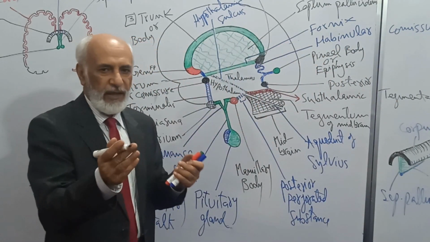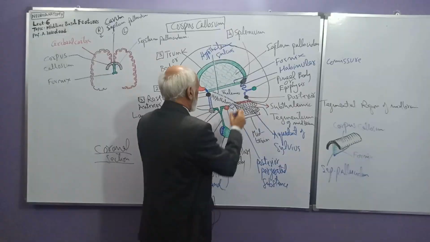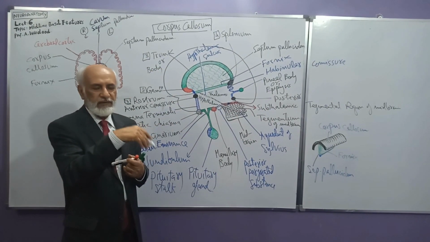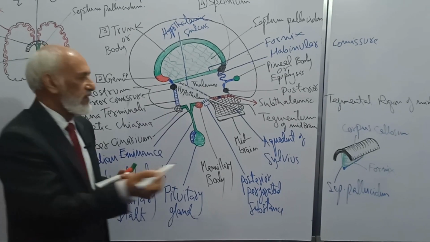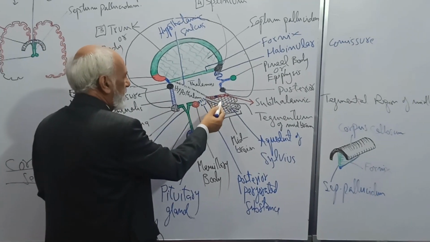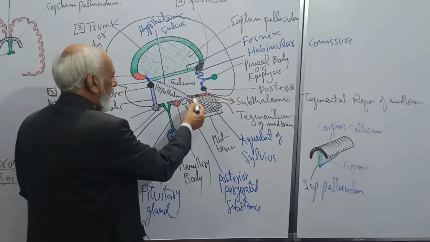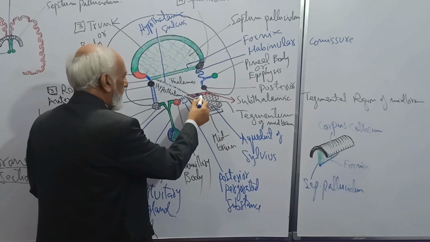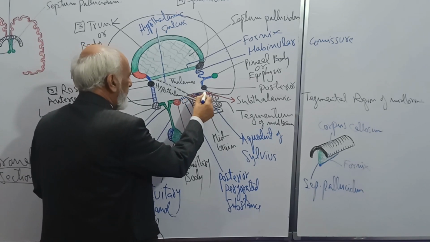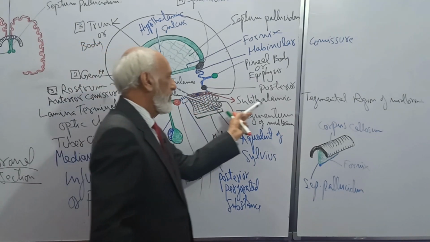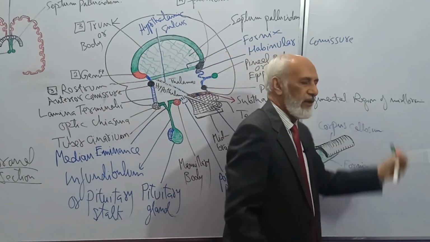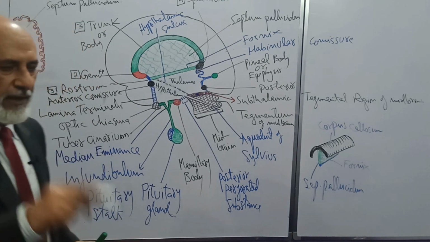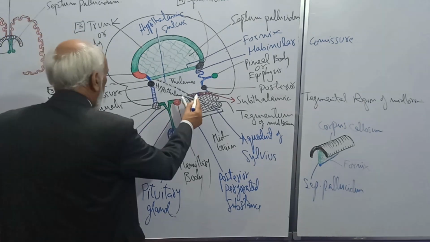Here on each side there is a subthalamic nucleus, one below the right thalamus, the other below the left thalamus. In this upper part of the tegmentum, the subthalamic tegmental region of the midbrain, the subthalamic nuclei are present, one on the right and one on the left side. I have shown one nucleus.